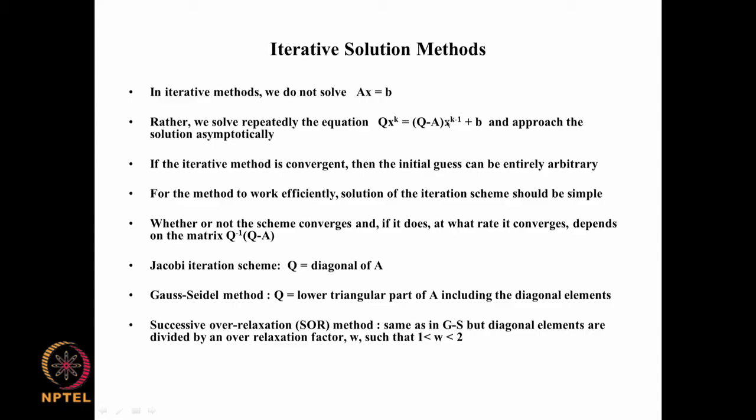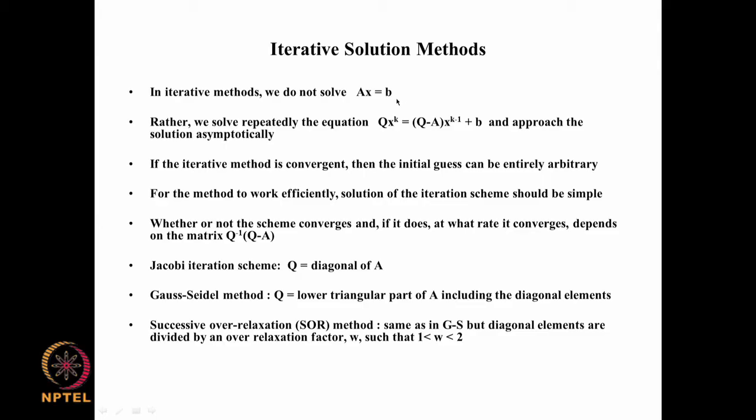So, Qx^(k minus 1) and Qx^k will cancel out and this minus comes here, you get back this equation. So, even though you are solving this equation which looks different from this equation, the converged solution is the same as this equation.